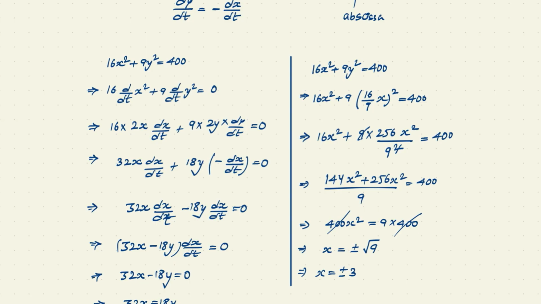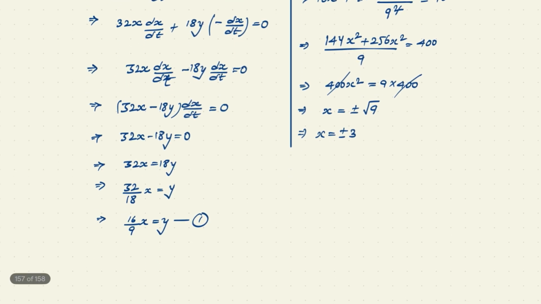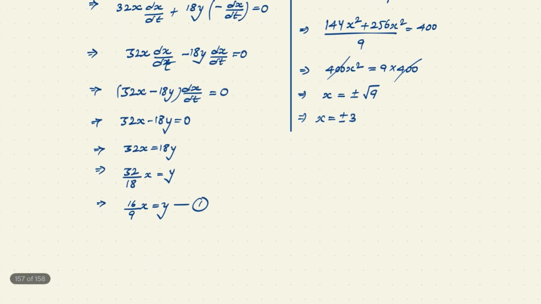So since we have got the two values of x, now let us put these in equation 1 and get the value of y also. Now when x equals 3, then y equals 16 into 3 by 9. 3 ones are 3, 3 threes are 9. So the value of y is 16 by 3.